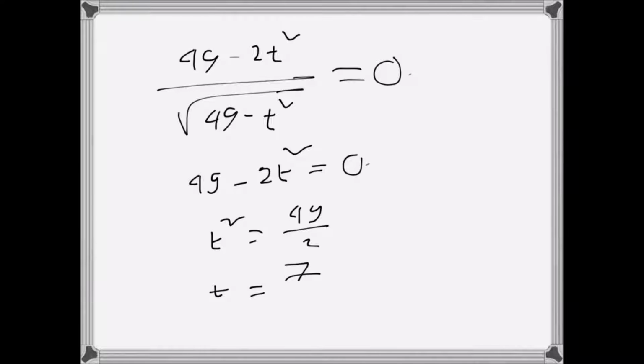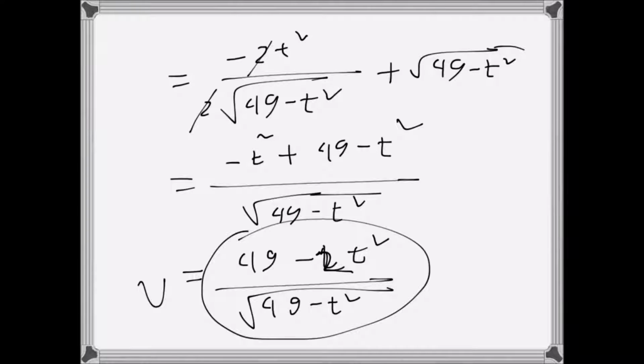It will be only the positive value because this is time, so this is the time when the particle comes to rest. That means if we look at this velocity equation, when t is more than 7 over root 2, this part becomes more than 49, so the velocity becomes negative.